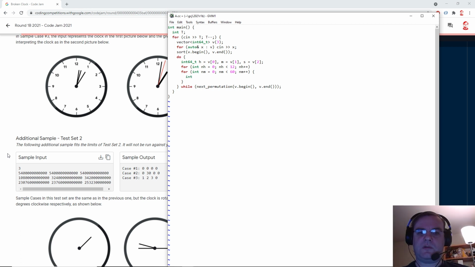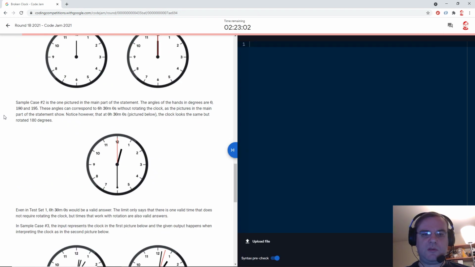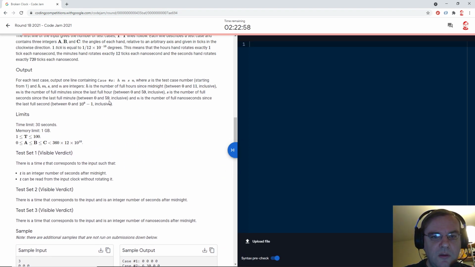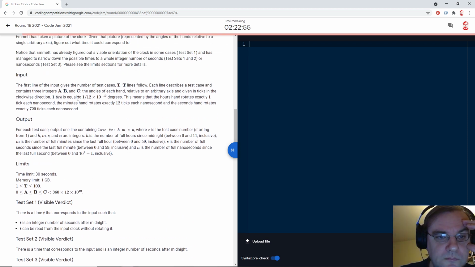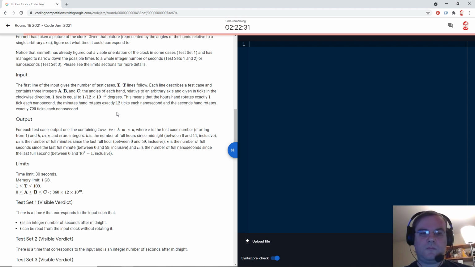So we want the total degrees. Well, the difference is going to be h plus nh times, these are, so 120 billion ticks is 1 degree. Is that right?